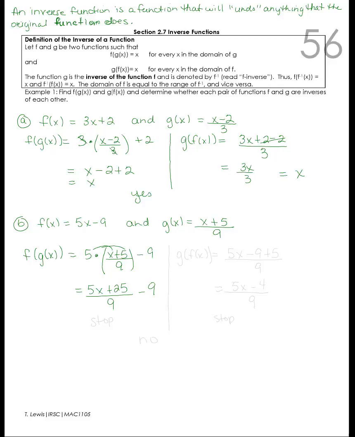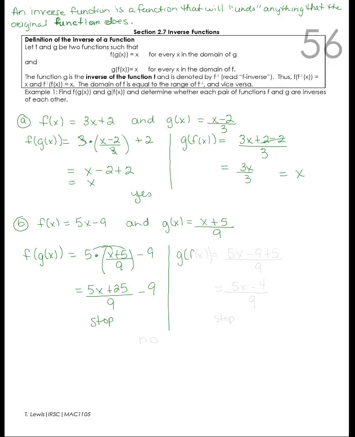And we can leave it as this because no matter how we try to simplify this, it's not going to simplify to x. That's how we would know if two functions are inverses of one another. They're going to simplify to x. Okay? So we're going to stop here. We can take it further, but there's no need to because we know it's not going to happen.